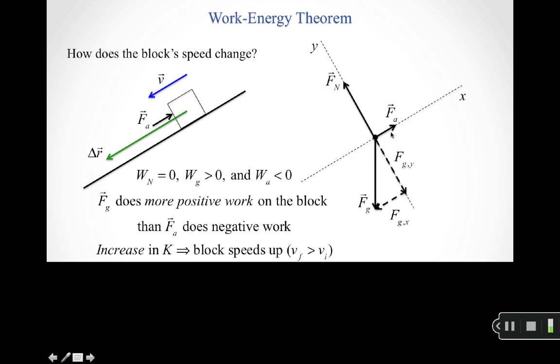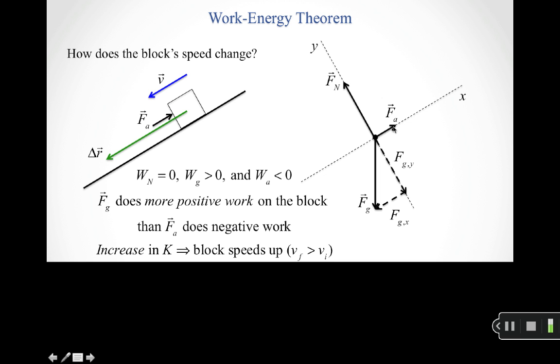If my applied force is very small, notice, the signs don't change. Normal still perpendicular to displacement, applied force still points opposite the displacement, gravitational force still has a component in the direction of the displacement, so the signs don't change. But by changing the magnitude of this applied force, I've changed how much work the applied force does.